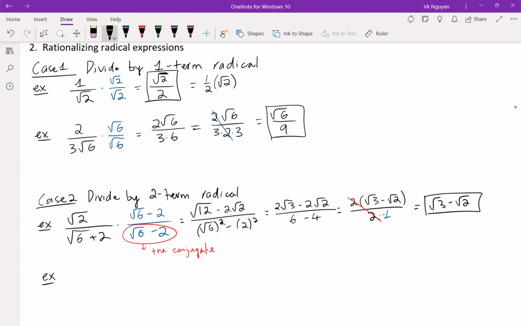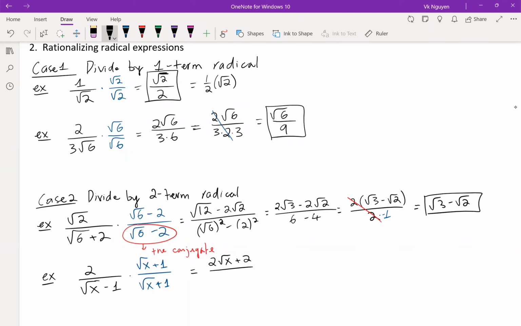Another example is 2 over root x minus 1. Similarly, we're going to multiply by the conjugate of root x minus 1, which is root x plus 1. On the top, we have 2 root x plus 2.